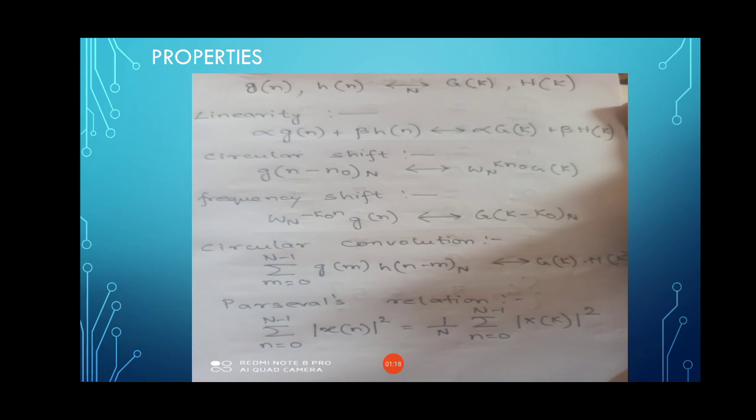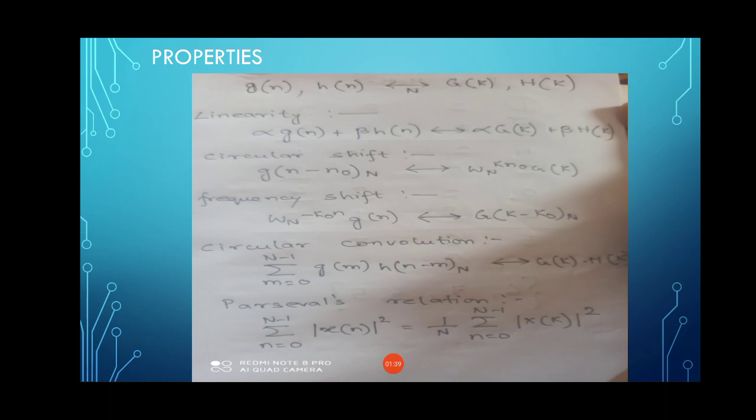Previously in DTFT we used to denote it in terms of e to the power j. Here we denote it in terms of W_N. There can be only one change, that is in the signs of the powers of W_N.